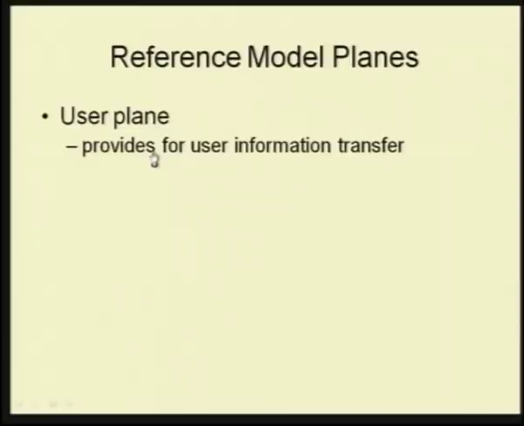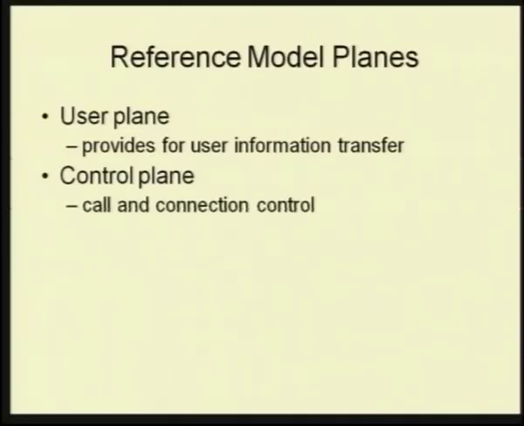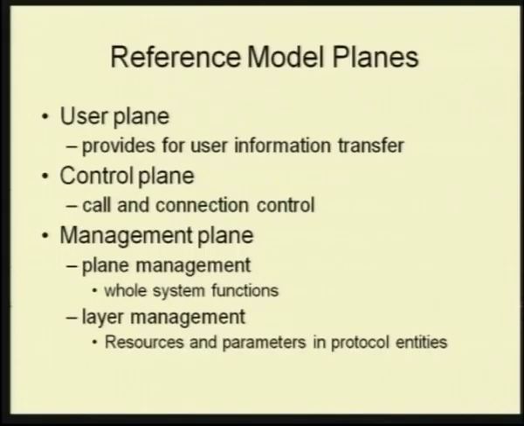So, if you look at what these different planes are supposed to provide, the user plane is the one which provides for user information transfer. The control plane takes care of call and connection control. That is, how do you establish a call, how do you establish a connection, control of these parameters, these are handled by the control plane. Then you have the management plane, which is responsible for 2 things. It is responsible for plane management, that is how the whole system functions, and it is also responsible for layer management.